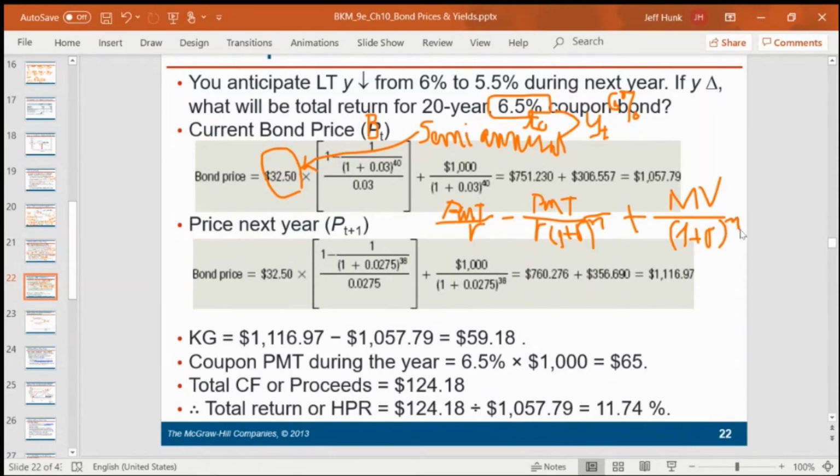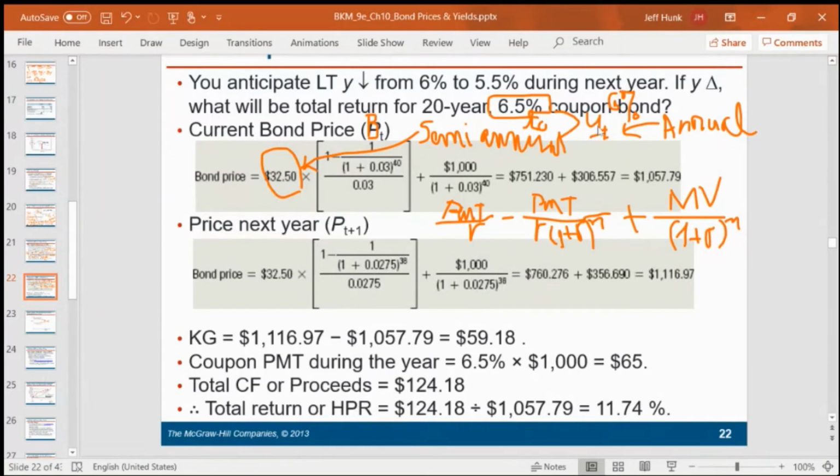Now you understand why I don't use Y here, because again yield is annual. All interest rates are expressed as annual. But this has to be a half-year rate, because the bond is on a semi-annual cycle.